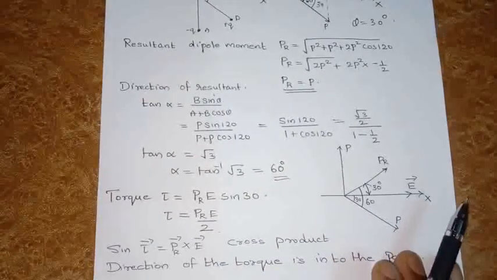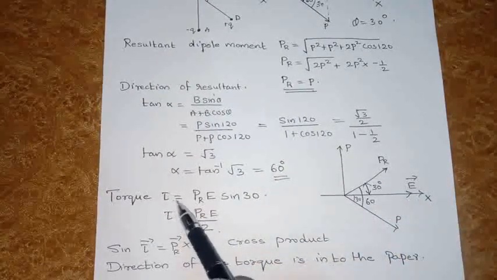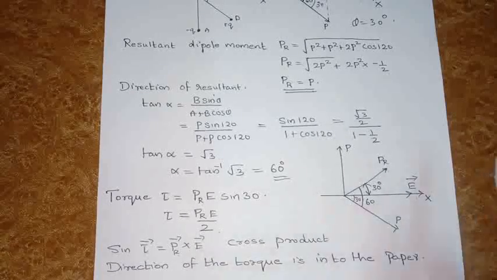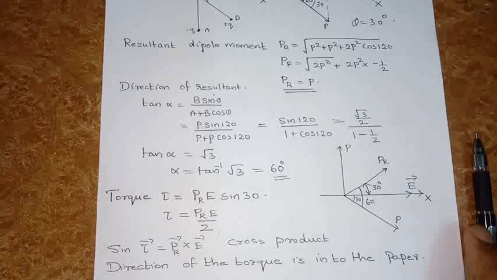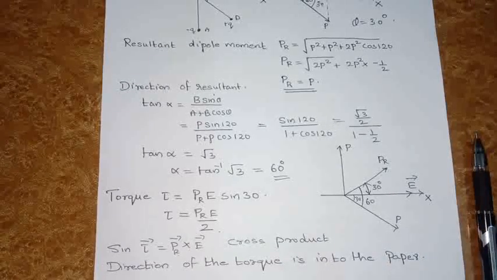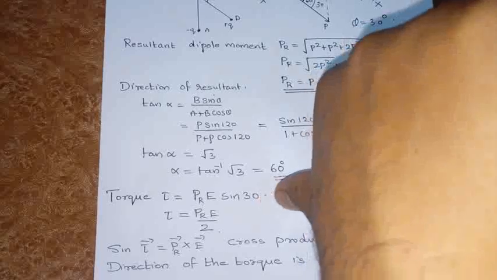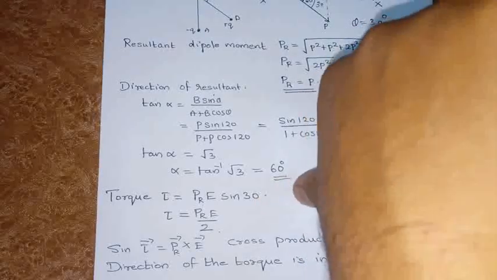How to find the direction of the resultant? This equation can be written as tau is equal to P_R cross E in terms of vectors. Since this is a vector product, a cross product, we have to find the way of finding the direction of the cross product. To find the direction of the cross product, we have to curl the fingers from the first vector to the second vector, and then the thumb indicates the direction of the resultant.